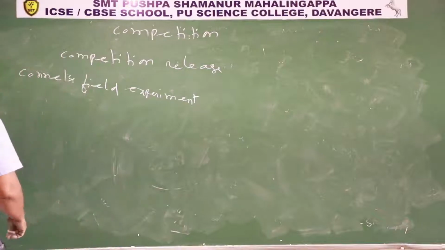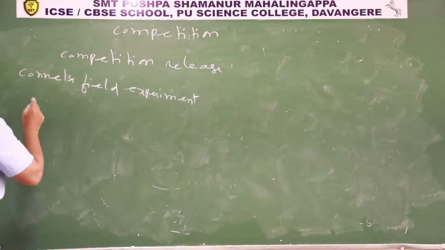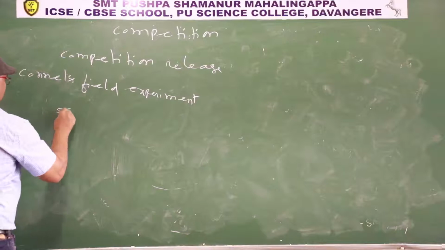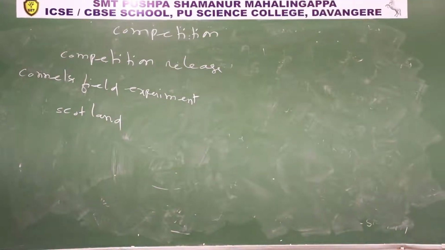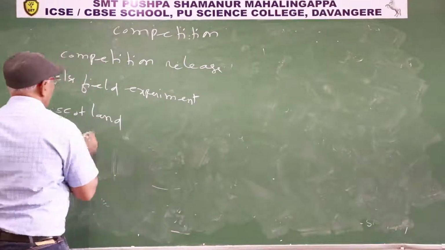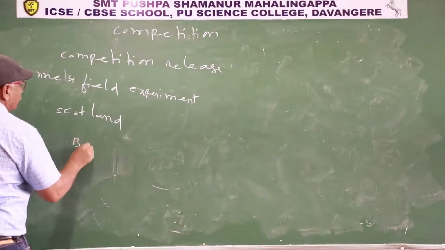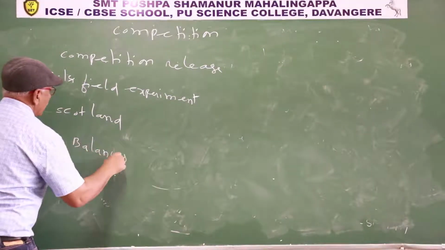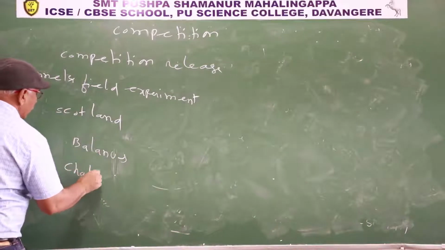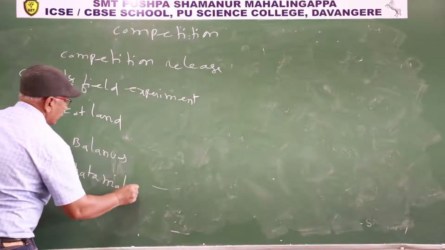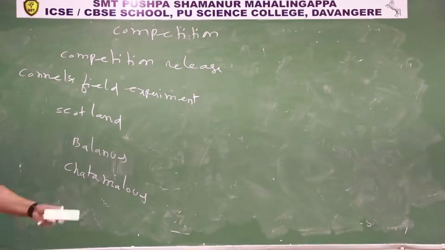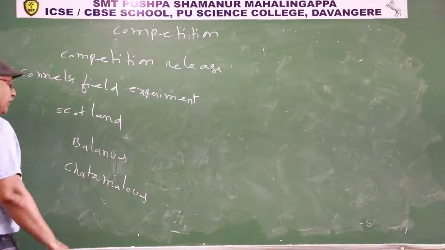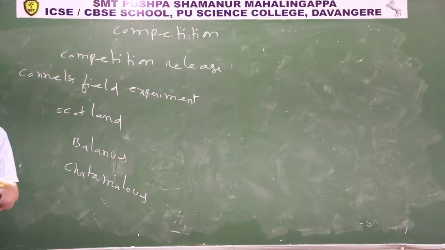Connell conducted a field experiment in the intertidal region of Scotland. Two barnacles, Balanus and Chthamalus, are present in the coastal area of Scotland. Balanus is superior when compared to Chthamalus.